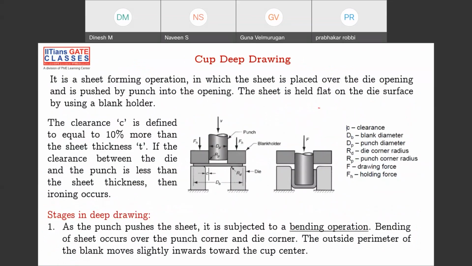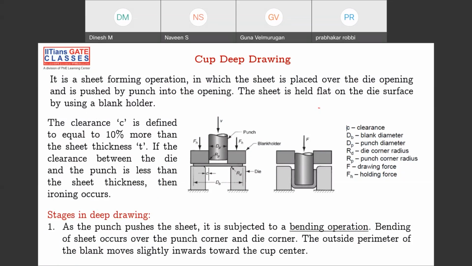If you're going to an interview and they ask, there might be some small tea glass in front of them. They'll ask, what are your favorite subjects? Then you might say, sir, I'm good in manufacturing. Then they'll show that this is a glass. What kind of operation is used to make this kind of object?